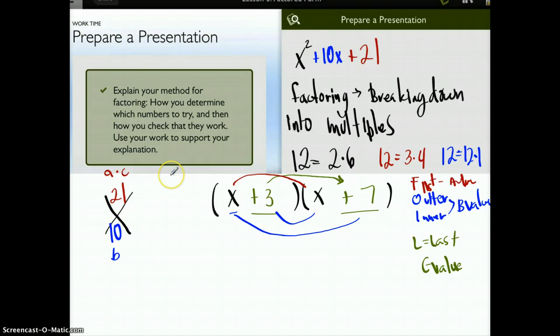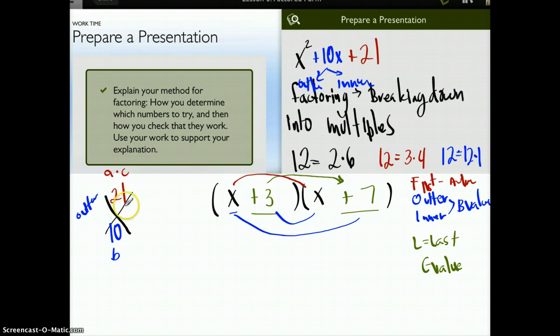I'm actually splitting this number. I'm going to split this 10 into 2 parts. Those 2 parts are outer and inner. This is our outer and this is our inner. That's where it's going to be split up here. This is the outer term, this is the inner term.